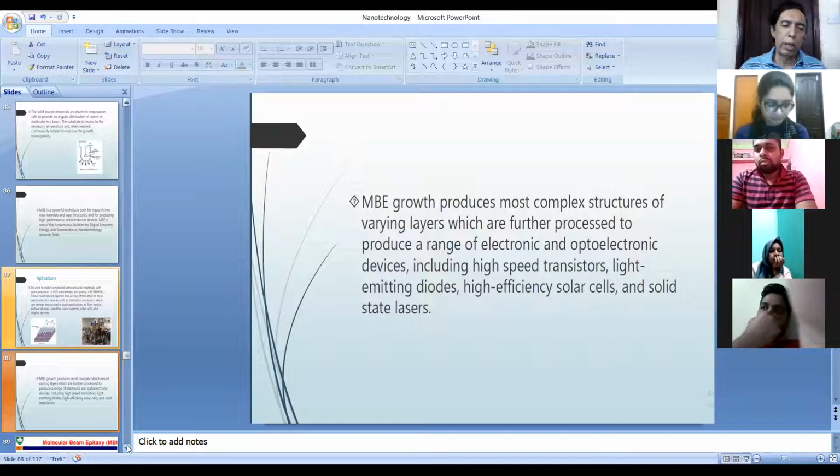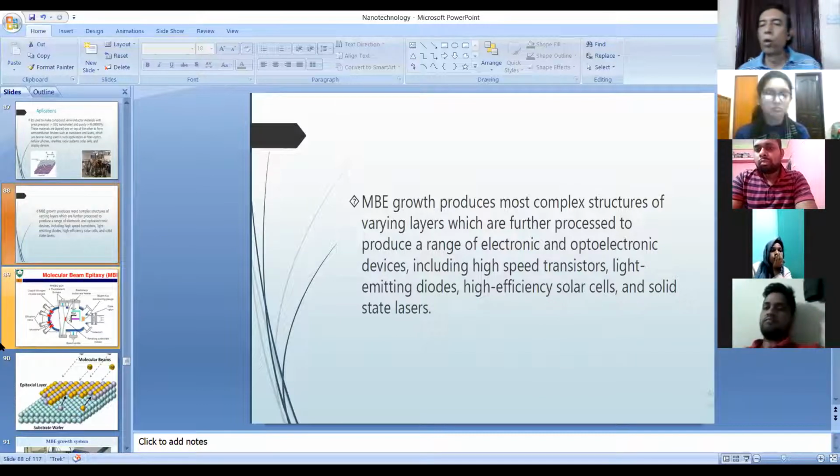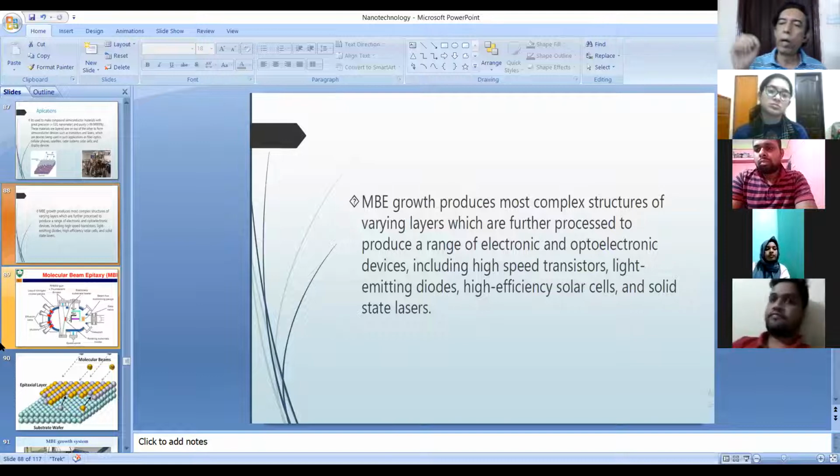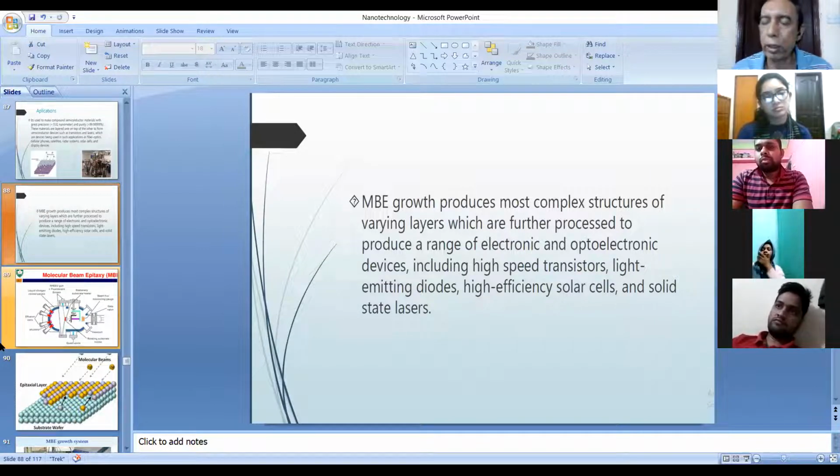Now, this molecular beam epitaxy is of two types. One is homo molecular beam epitaxy. Homo type means you prepare a thin film the same as the substrate. Say for example, you have a substrate of silicon.